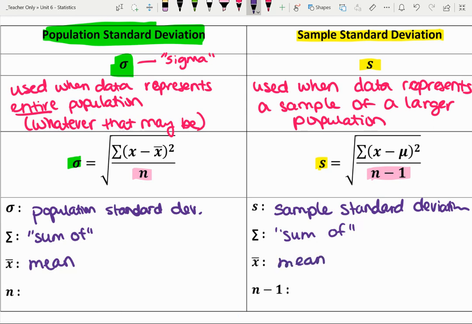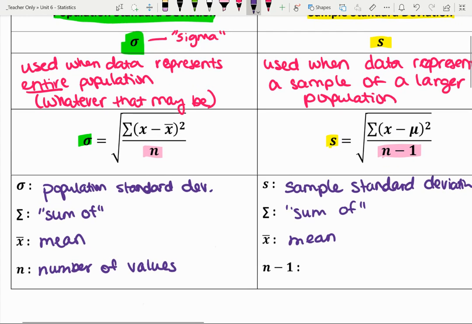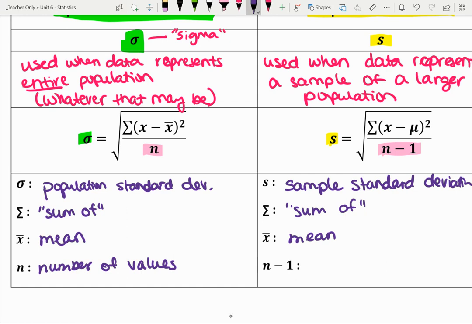So same calculations as yesterday, we're finding the mean, and then we're finding the distance between the mean and each of those individual values. And what n was yesterday was the number of values. So n minus 1 represents 1 less than the number of data values.